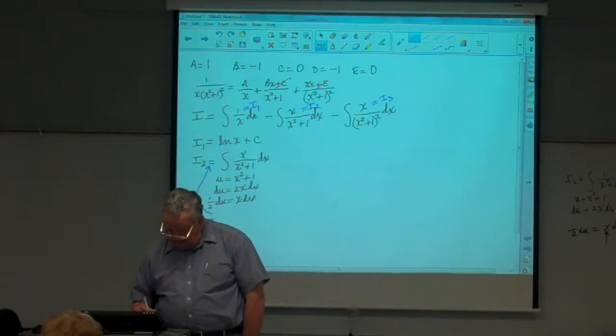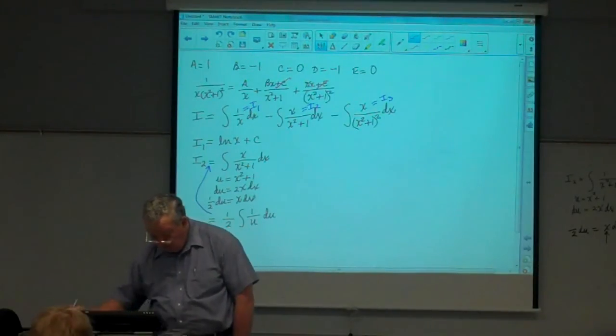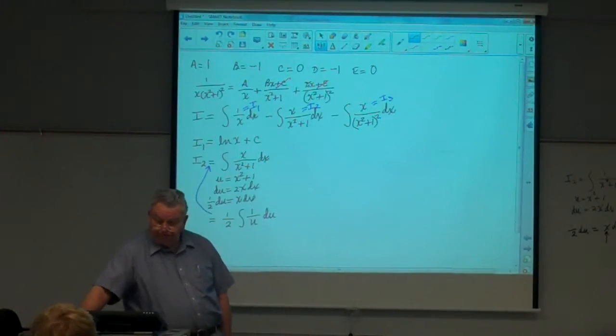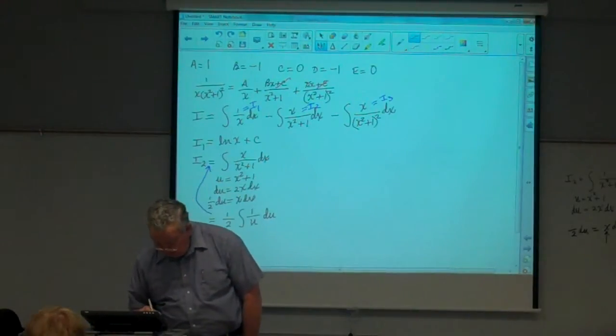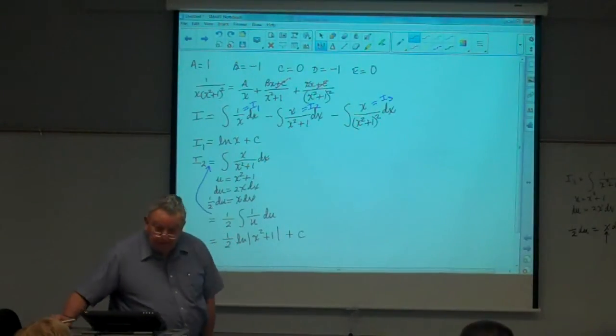So now I have 1/2 times the integral of 1 over u du. Does it look that way to you? Which is 1/2 times the natural log of x squared plus 1 plus c. Do you agree?